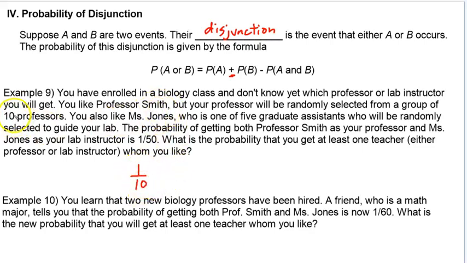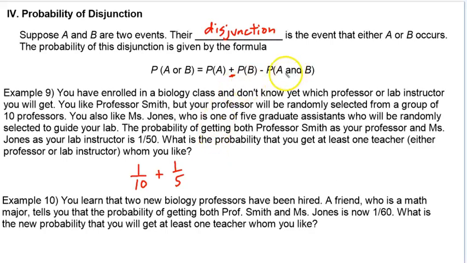He's 1 out of 10 total options. There's 5 grad assistants, and so the probability that you're going to get Mrs. Jones is 1 out of 5. All right, so this is the professor probability. Here's the grad assistant probability. But then you have the probability of getting both at the same time, which is 1 out of 50.